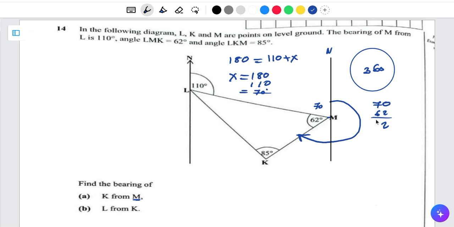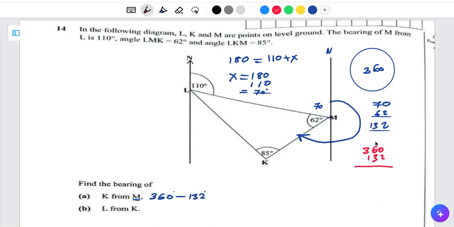So we have 228 as our answer. So this is going to be equal to 228 degrees as our final answer. Sometimes you can get 2 figures like 48. So what should you do? Bearings are represented by 3 figures. So you need to include a 0 here, to indicate that there are 3 figures.